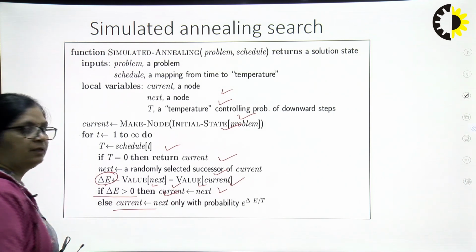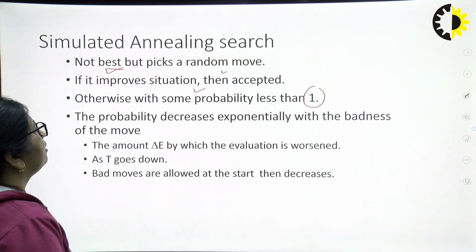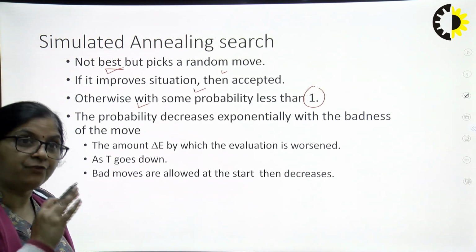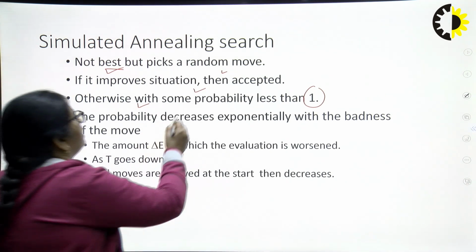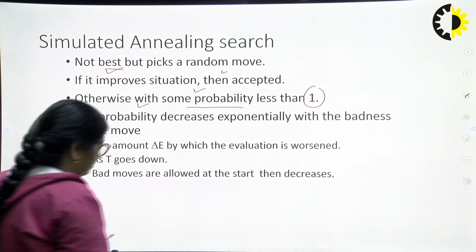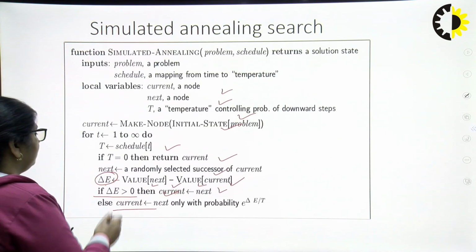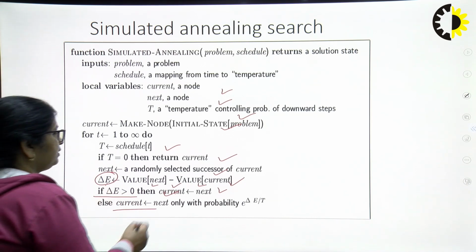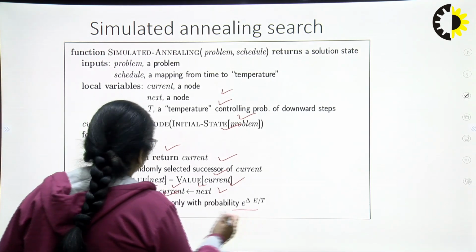Otherwise, as we said, we will not reject it. We may select it, but with a probability less than 1. So what is that probability? Here delta E is negative. We take the exponential probability.